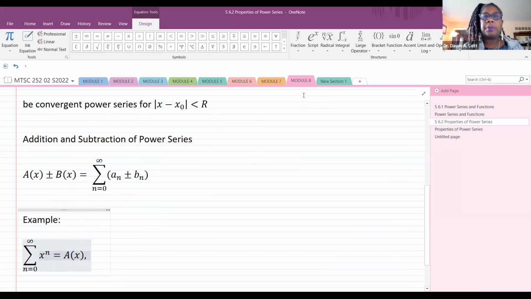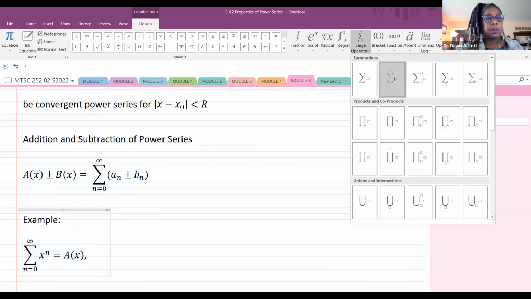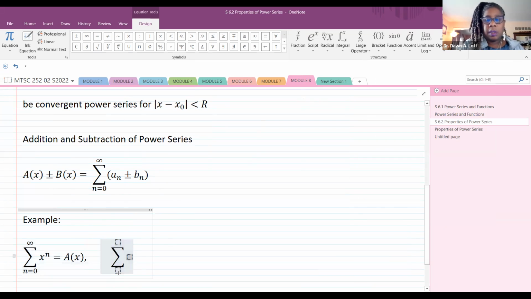And then we're going to have another power series. This is also n equals 0 to infinity of minus 1 to the n x to the 2n over n factorial.